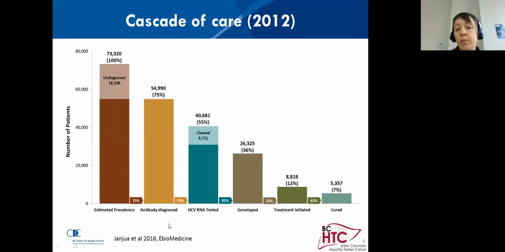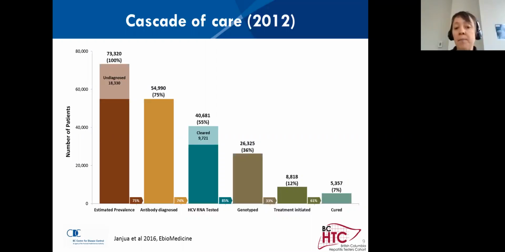Then how many of the people that are diagnosed go and have a PCR test to see whether the virus is still active in their bodies? So to have what we call an RNA test to detect the RNA of the virus in the body. So it's about 74%. So 74% of the people who are diagnosed then proceed to have the RNA test.